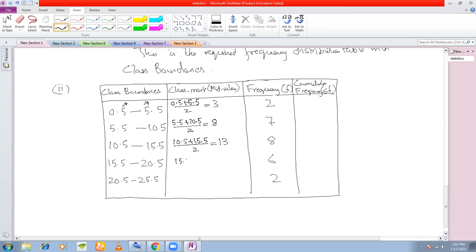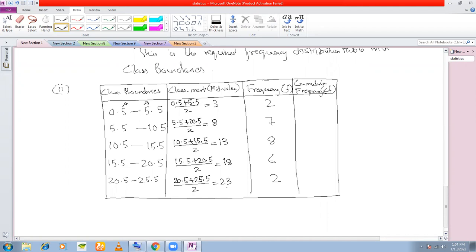Next is 15.5 plus 20.5 divided by 2, which you get as 18. And finally 20.5 plus 25.5 divided by 2, which you get as 23. Are we clear with mid values, class mark, or any question? No, sir, no question.